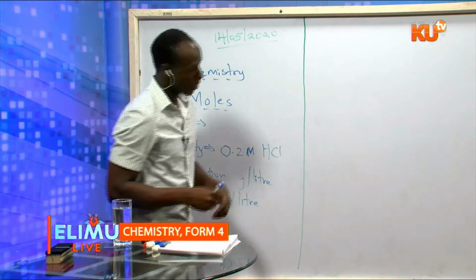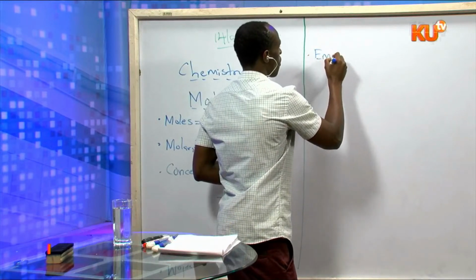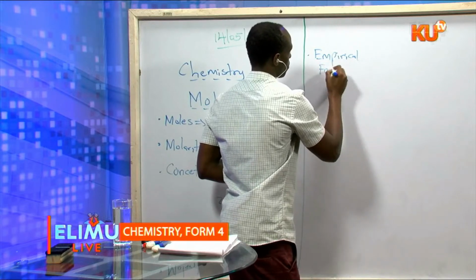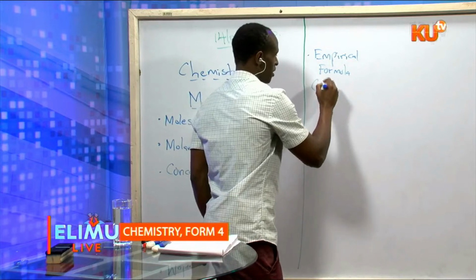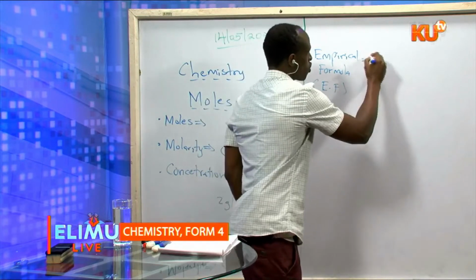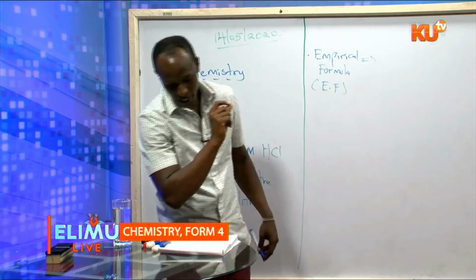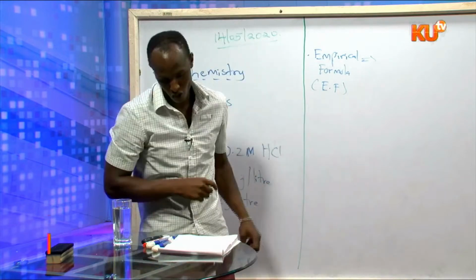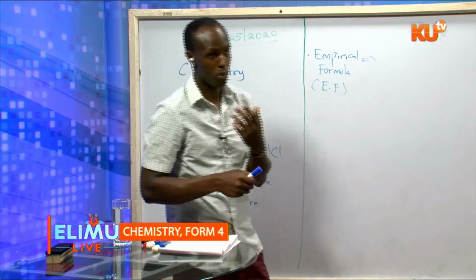The other term to define is empirical formula. Sometimes they indicate it as EF. So the empirical formula shows the simplest whole number ratio in which atoms combine to form a compound.